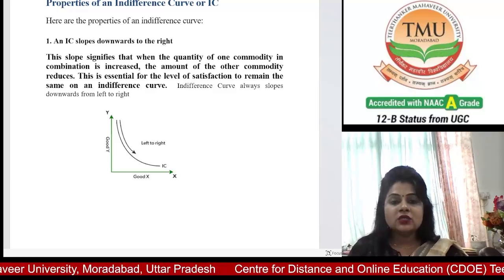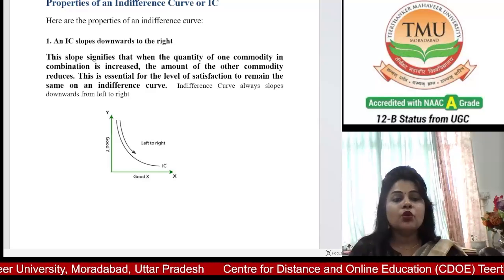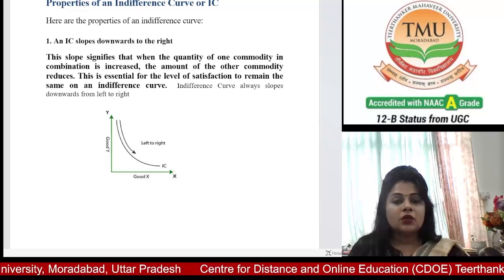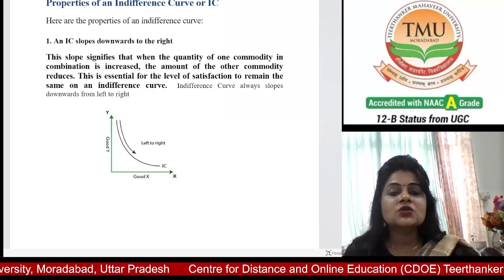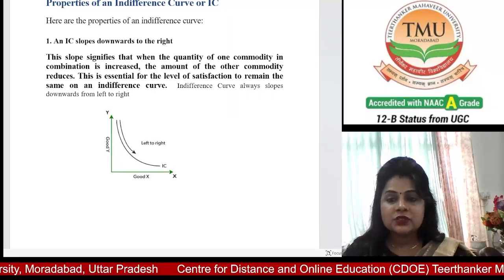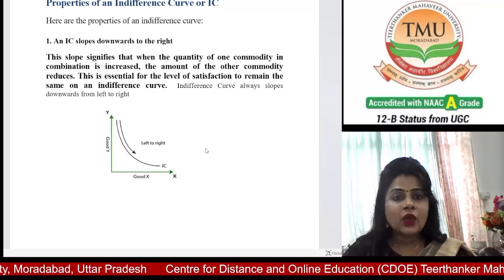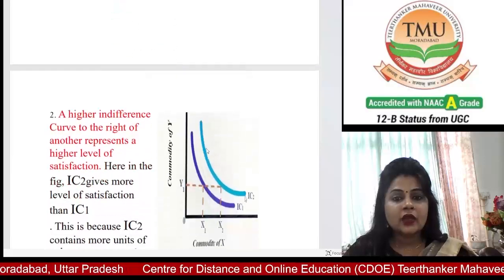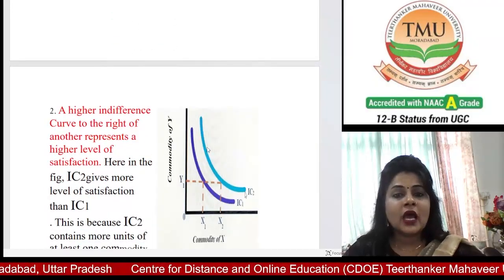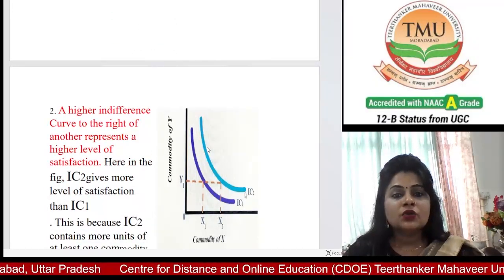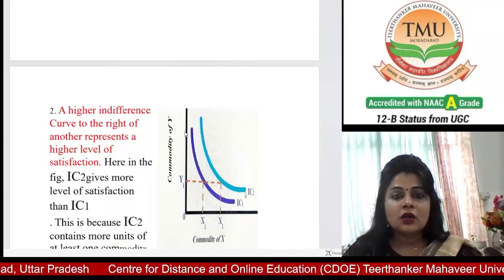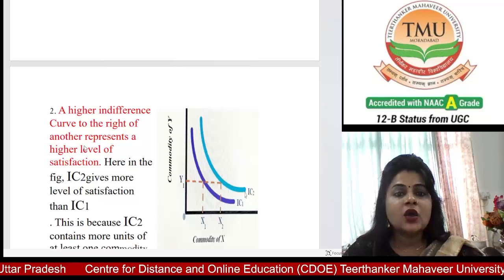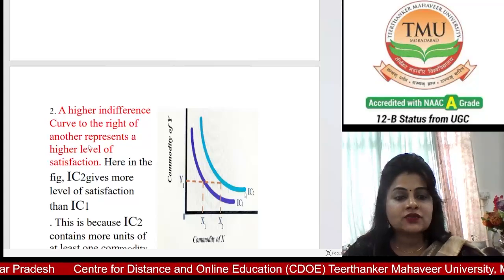This fall in units of one good to gain more of another good gives a downward slope to the indifference curve, as you have seen in the diagrams. I think you have understood why the indifference curve slopes downward to the right. Next, a higher indifference curve to the right of another represents a higher level of satisfaction.